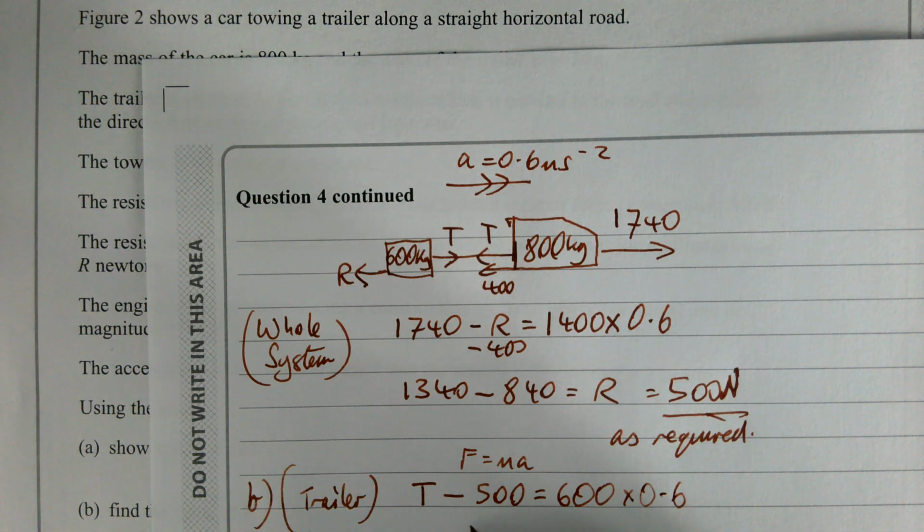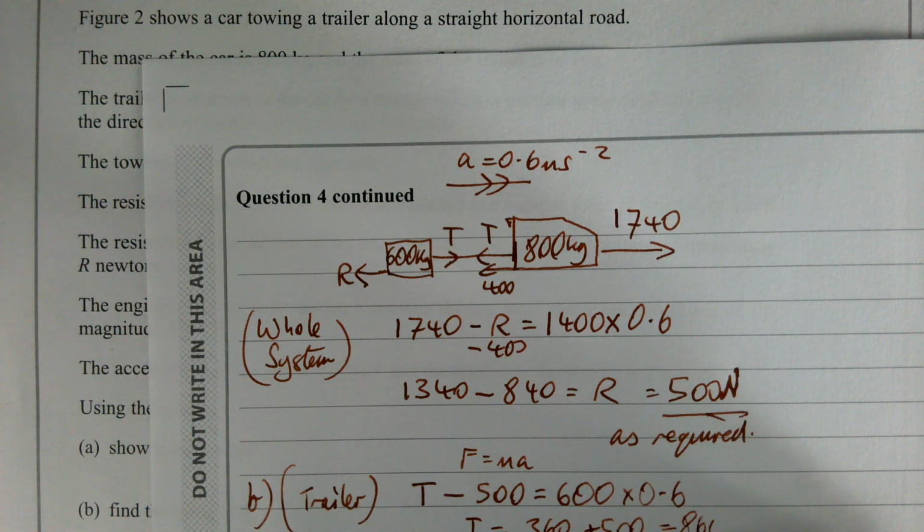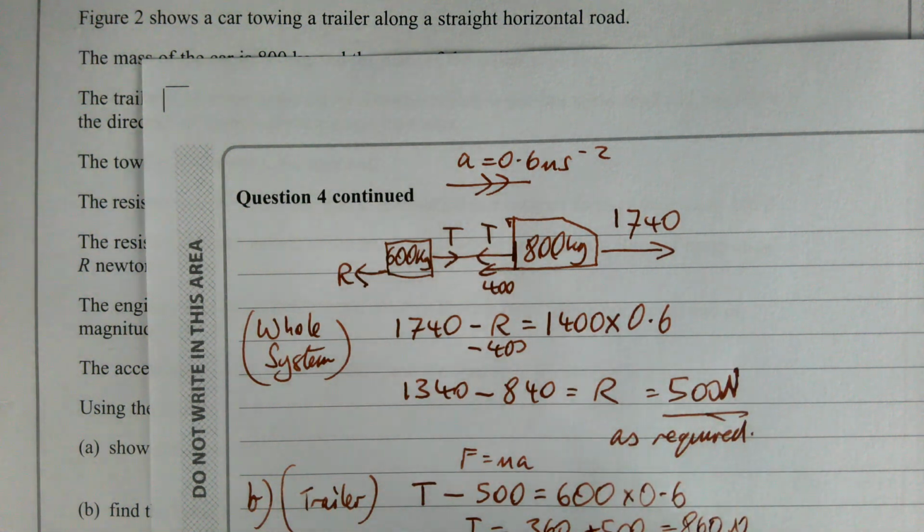And that's going to give us the tension being 360 plus the 500, equal to 860 newtons.